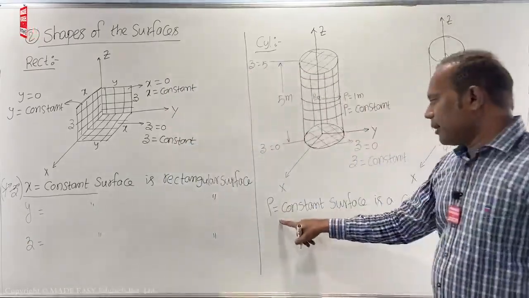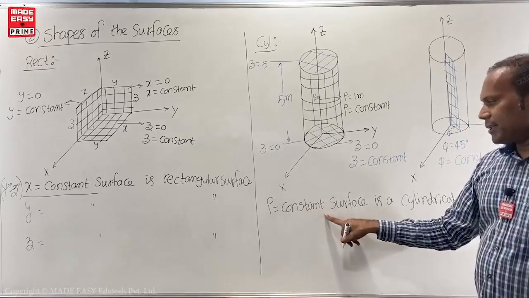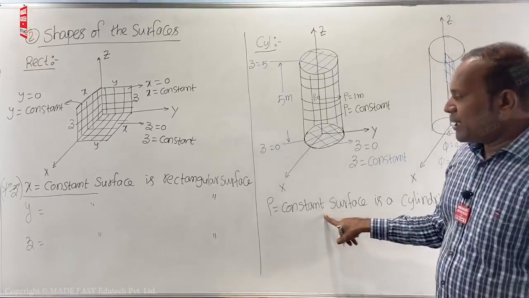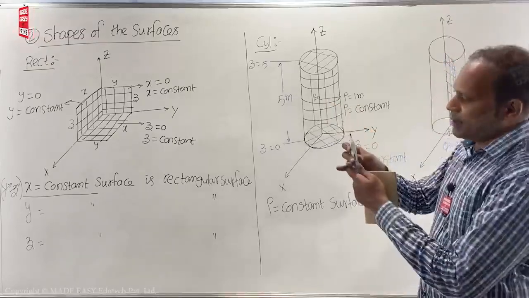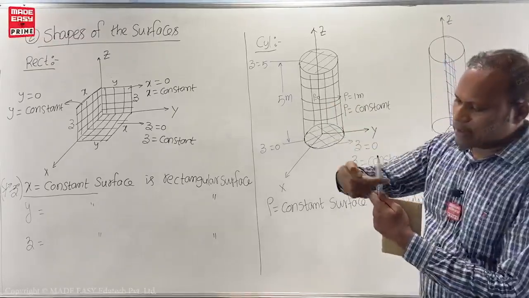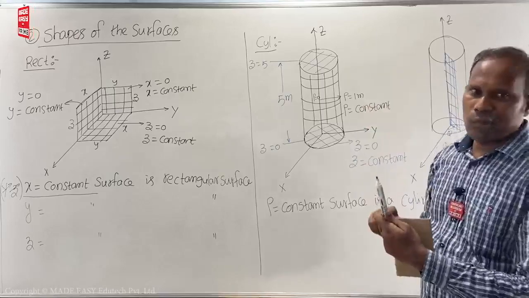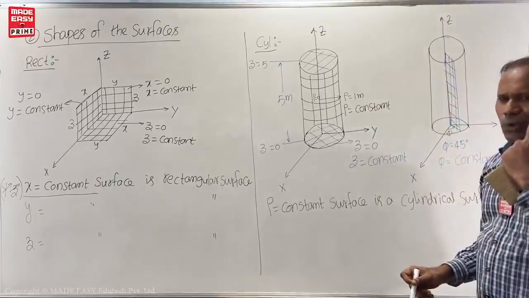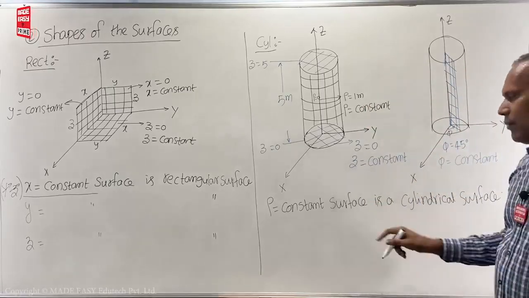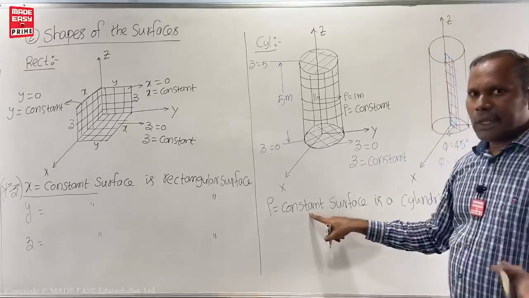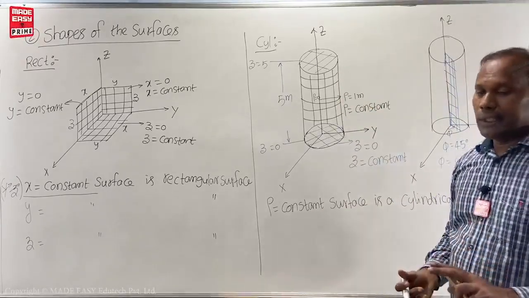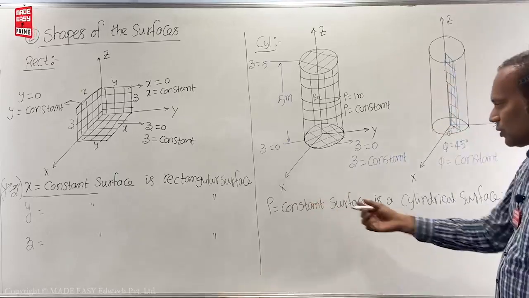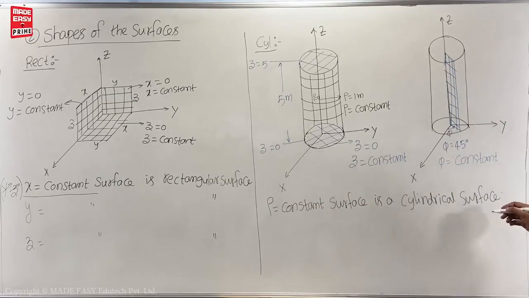Similarly, here also for rho is equal to constant surface, phi comma z are variables. So for a side surface, angle is variable and height is also variable. Like that, no need to tell every time. If one is constant, then on that surface, that means side surface, other two are variables, they are phi comma z. So rho is equal to constant surface is a cylindrical surface.